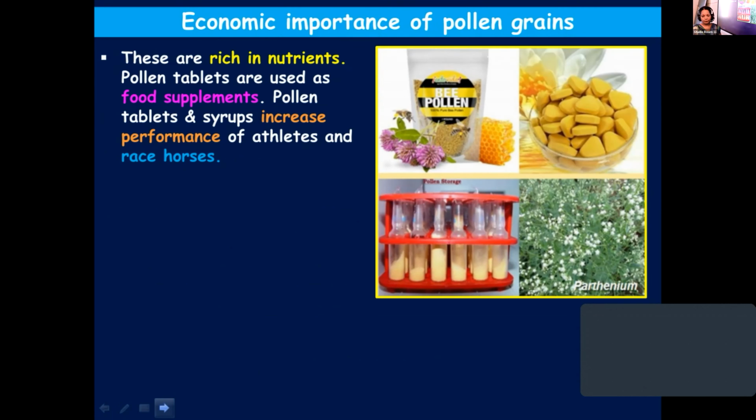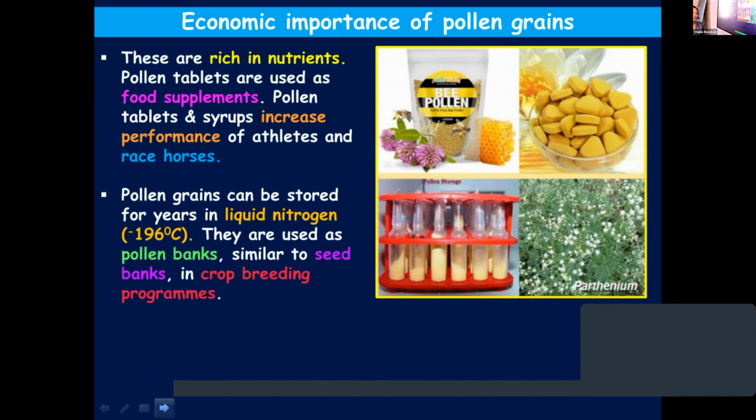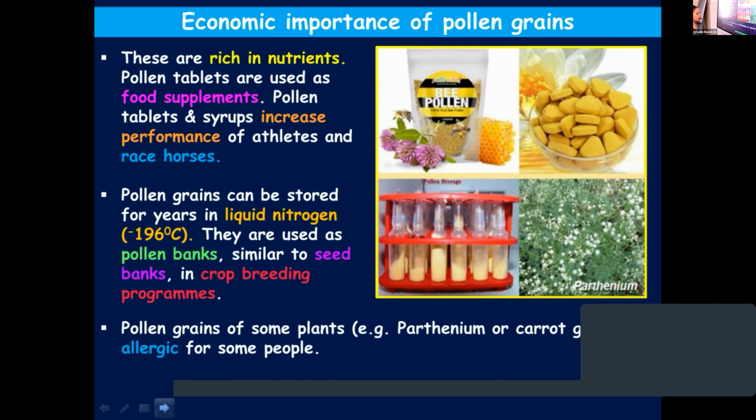And whenever we need to carry out fertilization, we can use the male gametes in these pollen grains. And these can be stored for many years. At the same time, certain pollen grains can cause allergic reactions in human beings. Not only in human beings, but we are more concerned with the allergic reactions in human beings. Okay, is that clear?